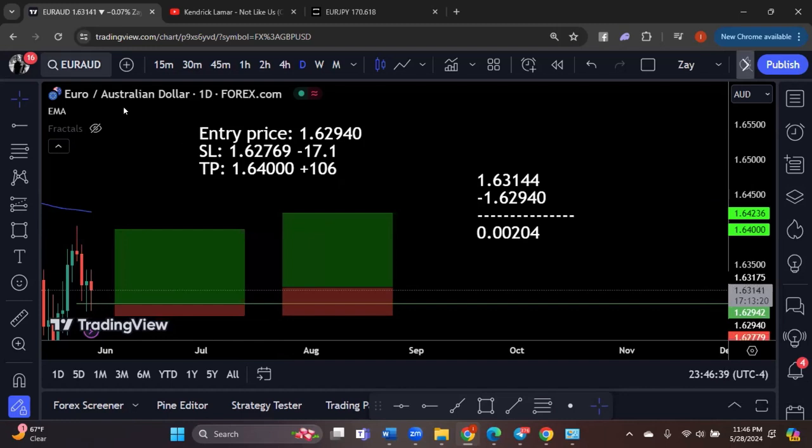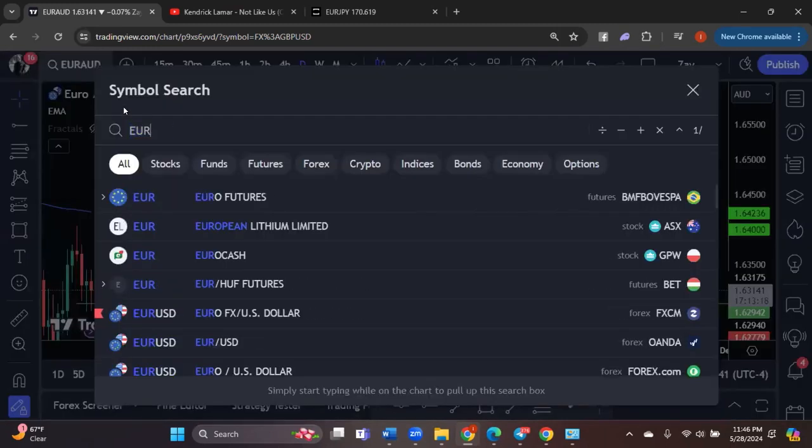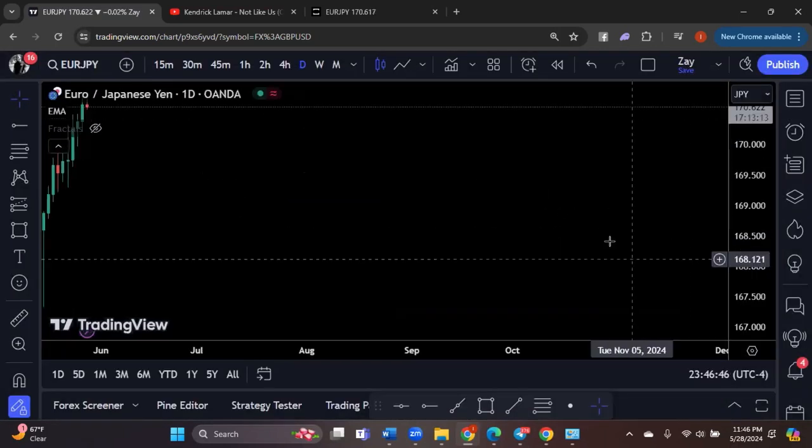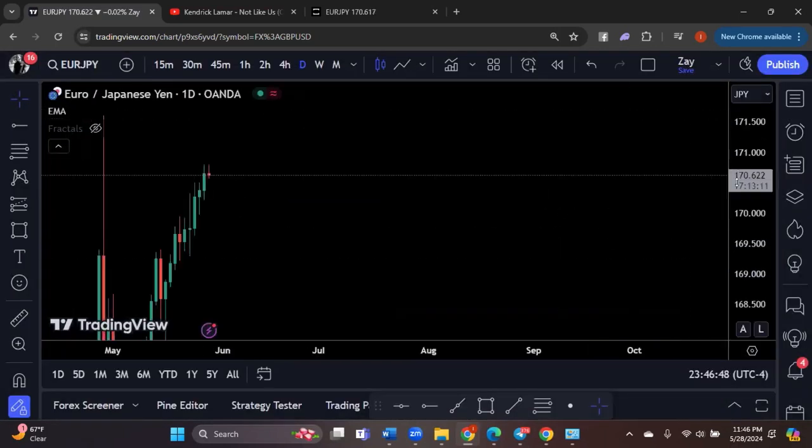If I do Euro JPY, you're going to see that it's only 3 digits, right? You only see 3 digits after the decimal point. And remember, the last digit is the pipette. So we only focusing on this one right here, that 170.618.